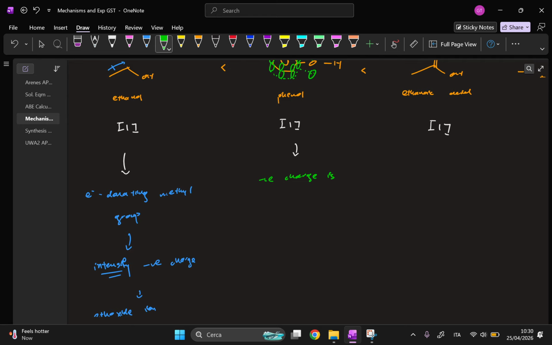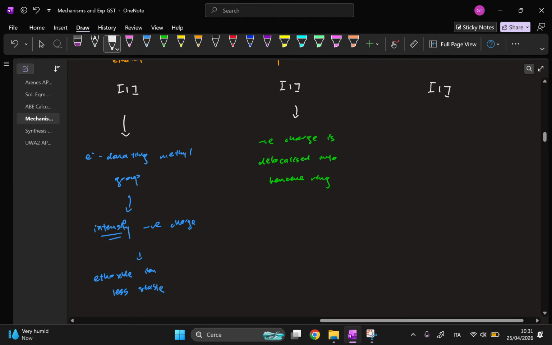This one is ethoxide, this one is phenoxide. So the negative charge on this anion is delocalized into the benzene ring or the phenol ring. Usually I prefer to write phenol because it's shorter, but I guess most of the time the more exam correct term is benzene ring. They seem to prefer that somehow.